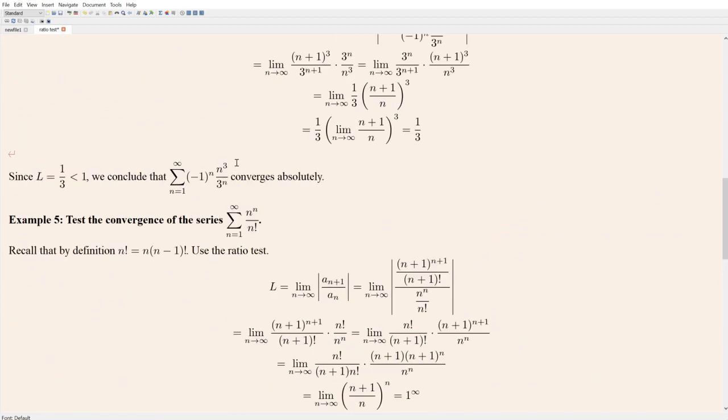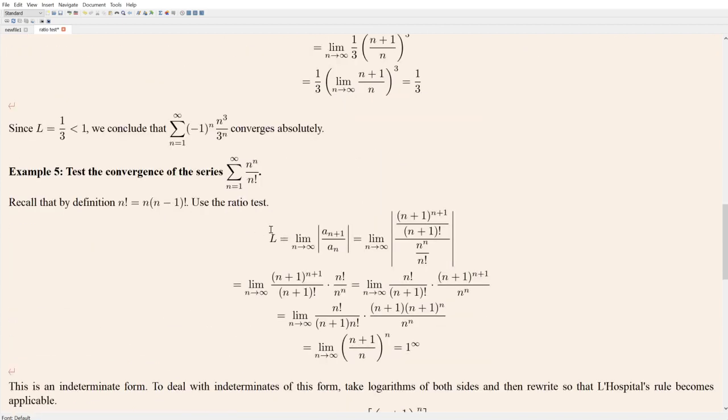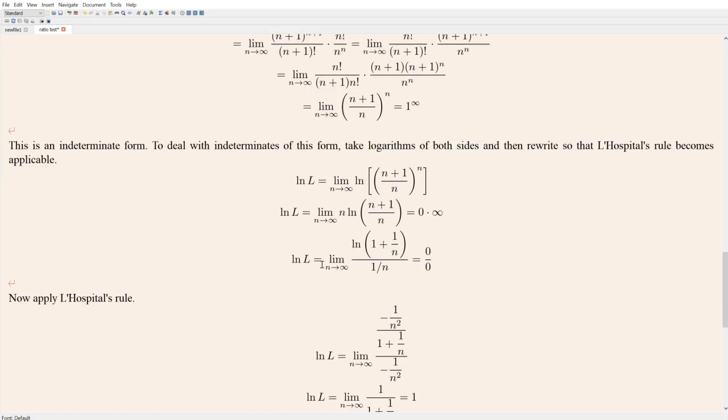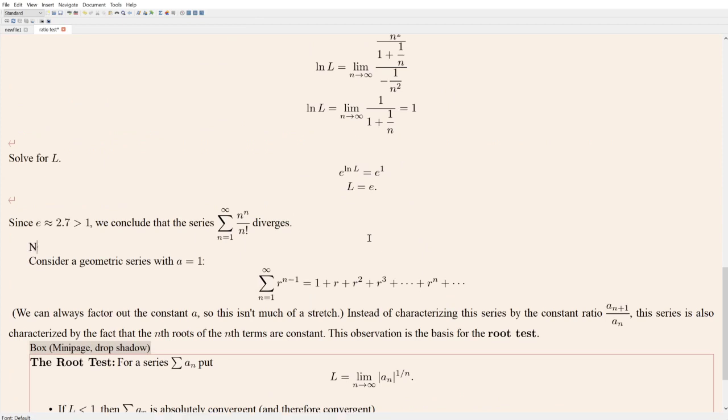So notice that the ratio test is going to be especially useful if you have series that have exponentials and polynomials in them, or if you have series with factorials in them. Those are signals to you from the author that the ratio test is going to be useful.